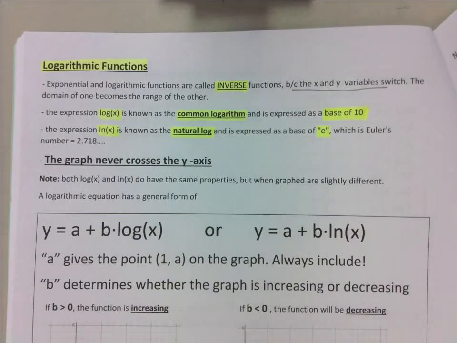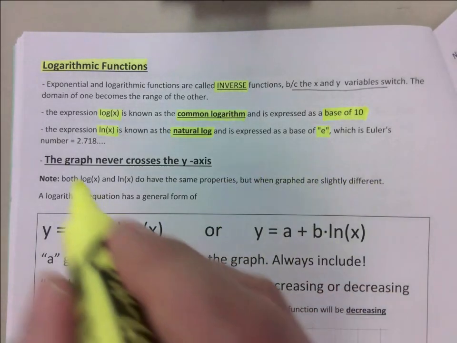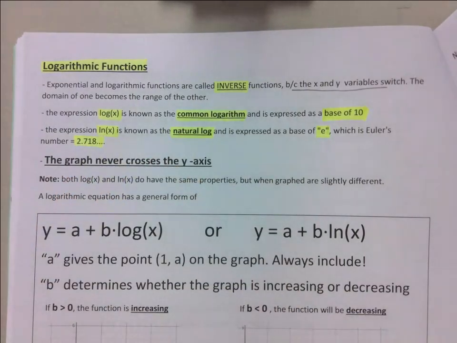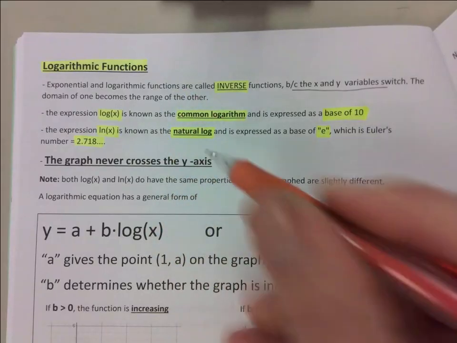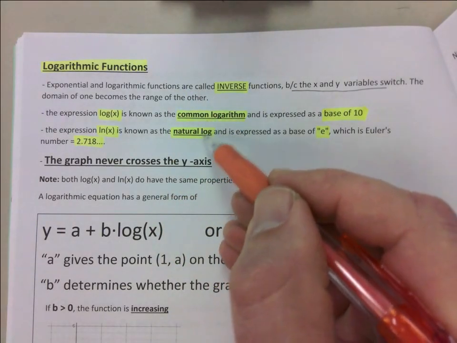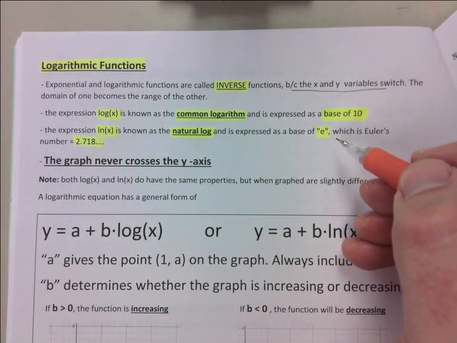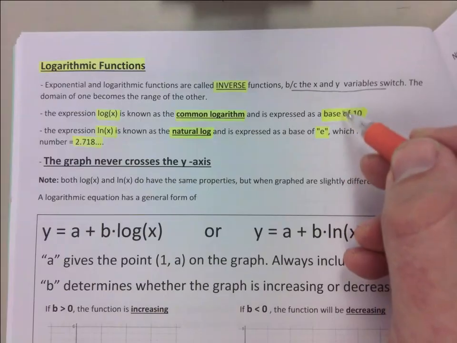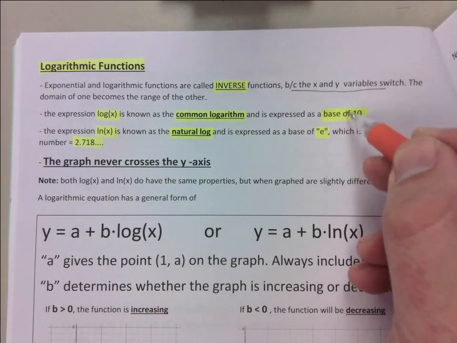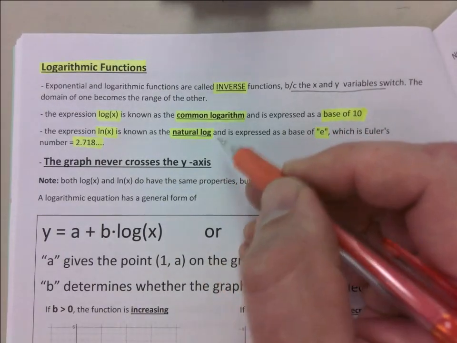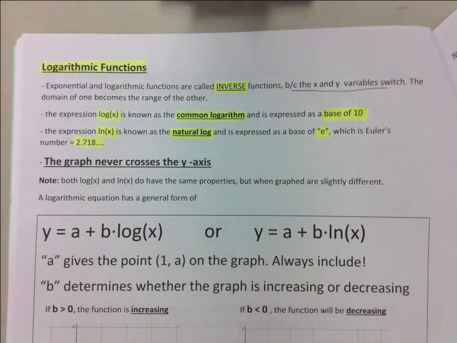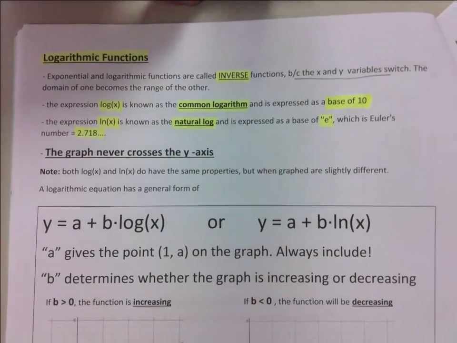Do you remember e? Euler's number, which is 2.718, and it just keeps going forever. Guys, they behave exactly the same. They have the same properties, just a different base. This one I don't need you to memorize. They are slightly different, but they behave the same way.